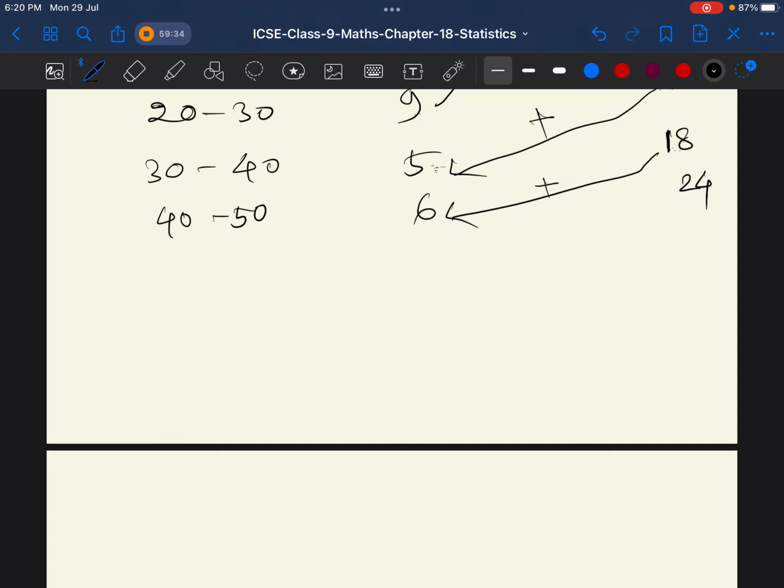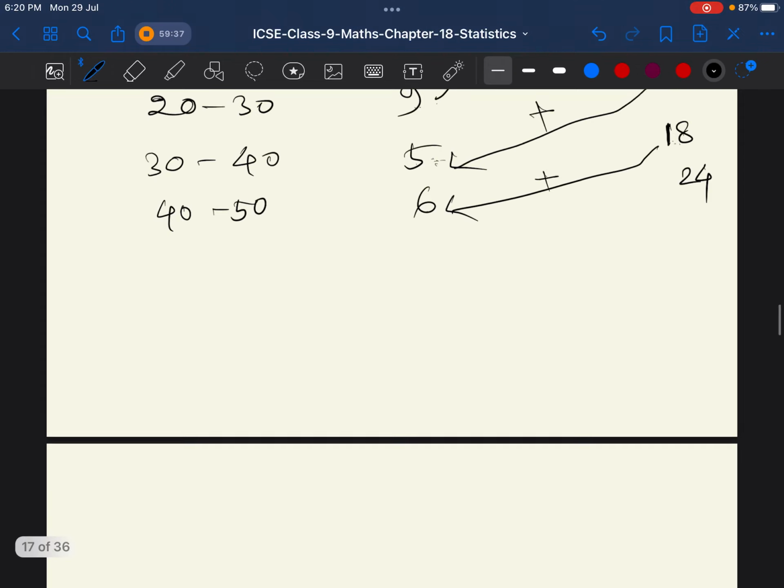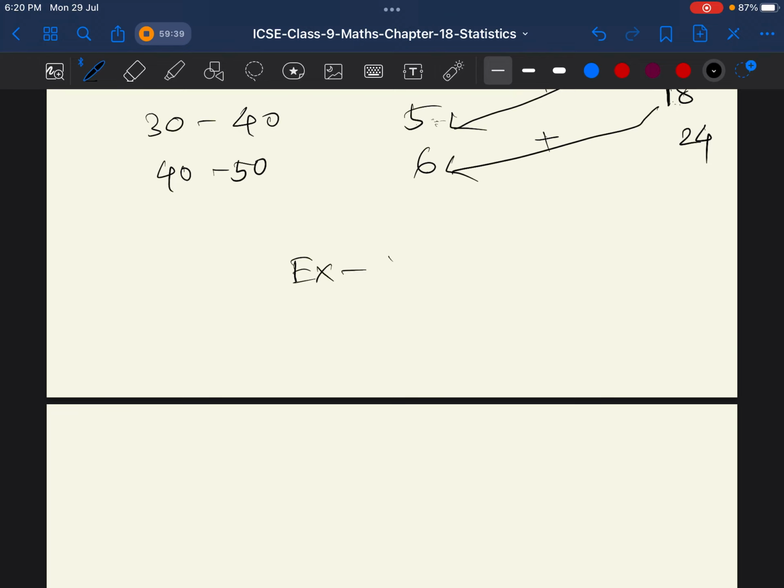So now let's start exercise 18A. You see here the first question: state which of the following variables are continuous and which are discrete.